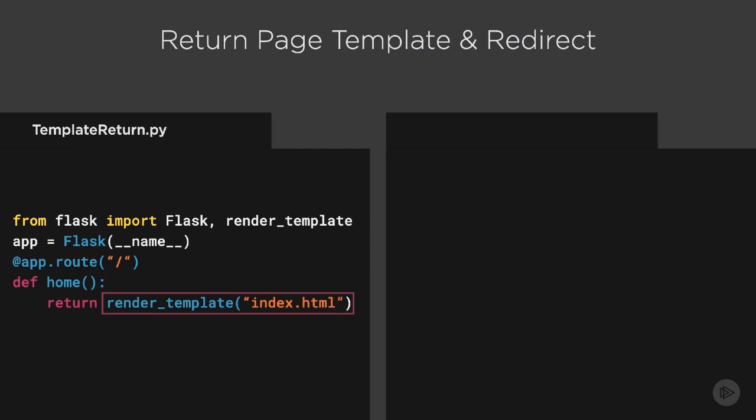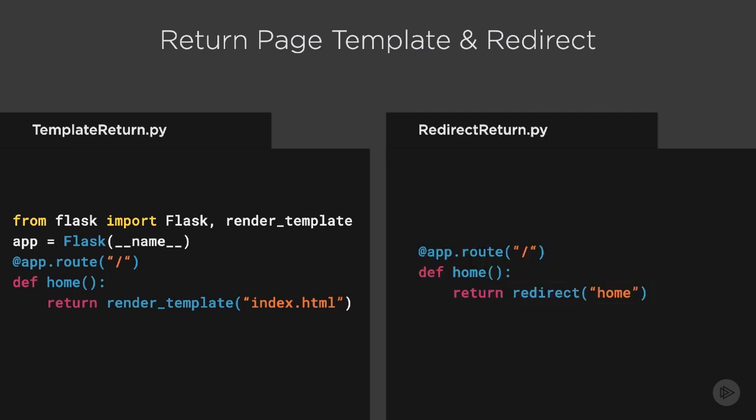Of course, this means we need to be sure our app has a templates directory. render_template accepts one positional argument, which is the name of the template found in our templates folder. In addition, we can pass values to our templates as keyword arguments. Redirect accepts a string, which will be the path to redirect the user to. This can be a relative path, absolute path, or even an external URL.